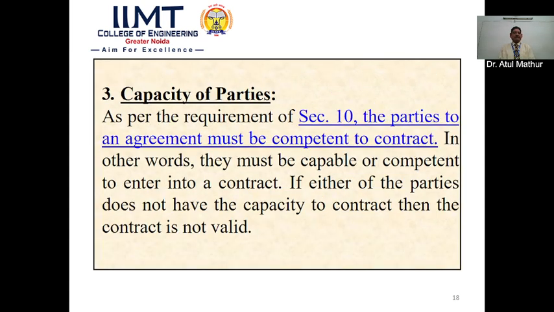The third one is capacity of parties. As per the requirement of Section 10, the parties to an agreement must be competent to contract. In other words, they must be capable of entering into a contract. If either of the parties does not have the capacity to contract, then the contract is not valid.